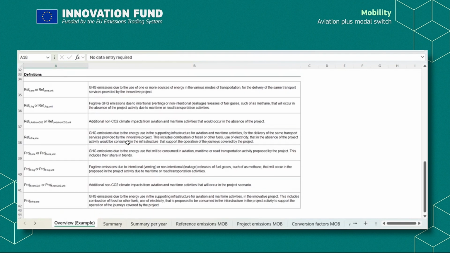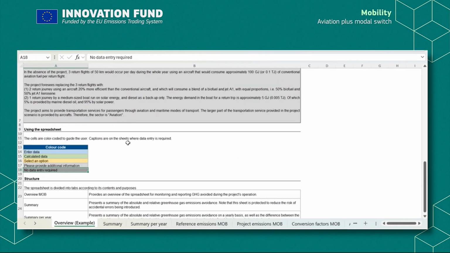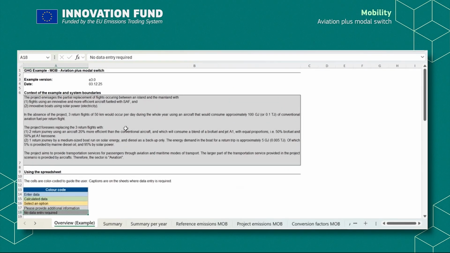In this tutorial, we will discuss a hypothetical project in the mobility sector. The applicant proposes to replace 3 daily flights occurring to and from an island. One flight will be replaced with a maritime journey on a boat that is mostly powered by solar energy.